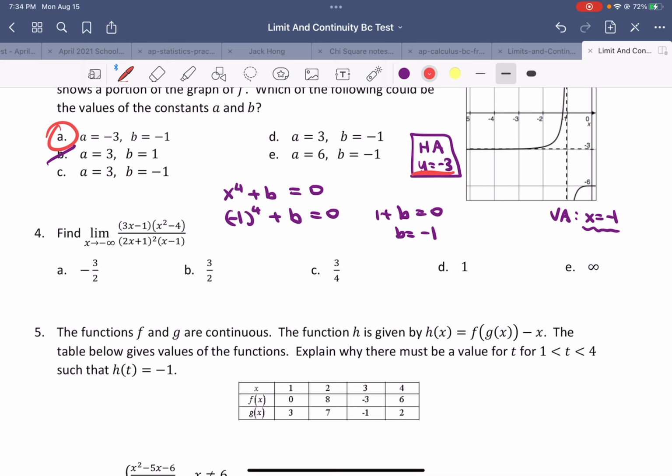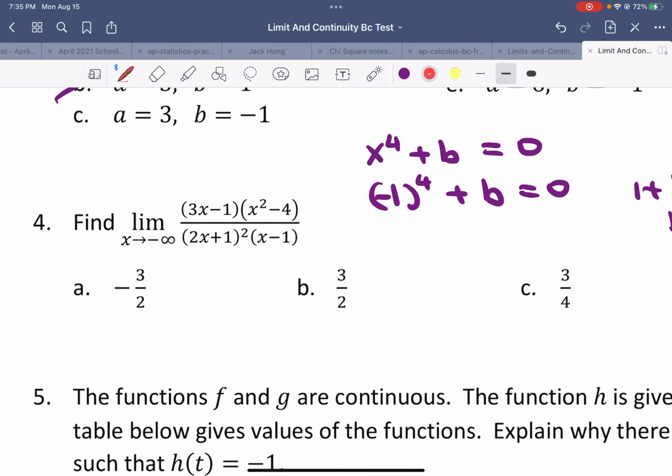So what you can do, this is similar to a horizontal asymptote. I will take the limit as x approaches negative infinity. If you multiply it out, the highest power term is 3x to the third power, plus whatever else.